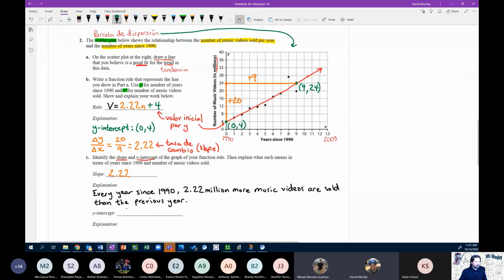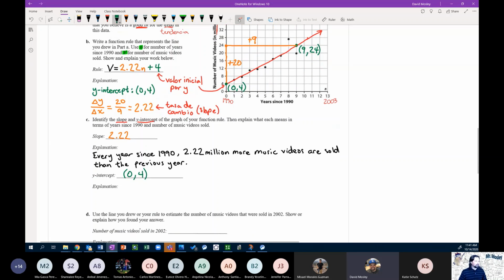And then our y-intercept, the 0.04. And this means that in 1990, 4 million music videos were sold.